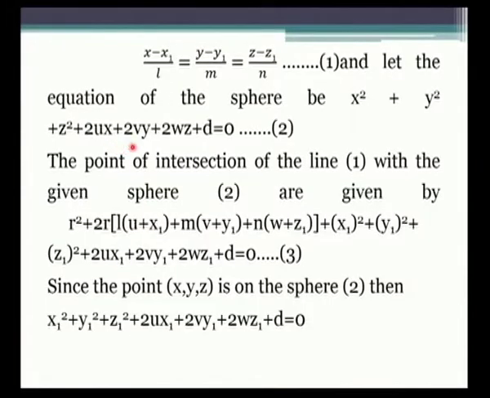And let the equation of the sphere be x squared plus y squared plus z squared plus 2ux plus 2vy plus 2wz plus d is equal to 0. Keep this as equation 2.